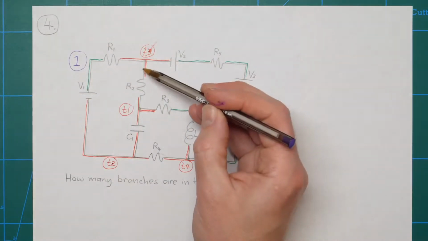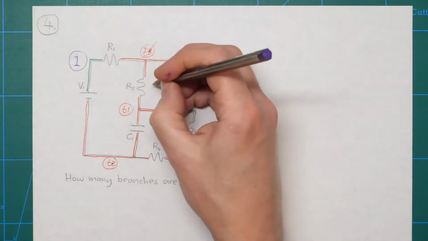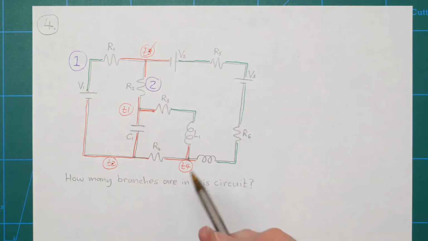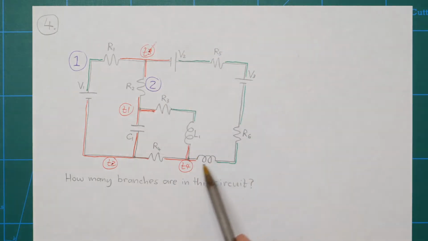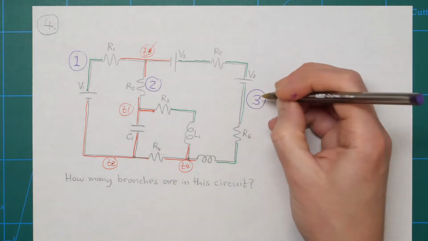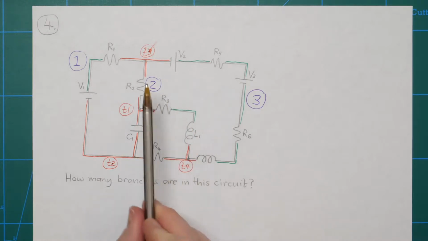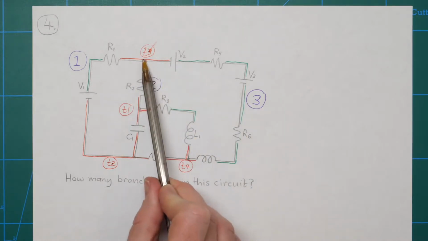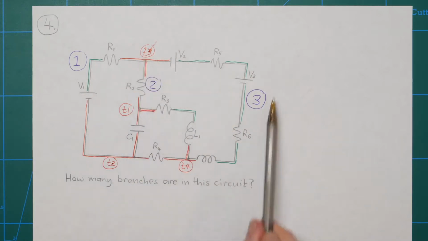I've got a path through OR2 which starts at T3 and ends at T1. So that's another branch. We've got a big long branch here going from T3 all the way down to T4. So that's my third branch. I think that's all of the branches now from T3. So there's basically a branch going in each direction from T3. So we've marked off all of them.